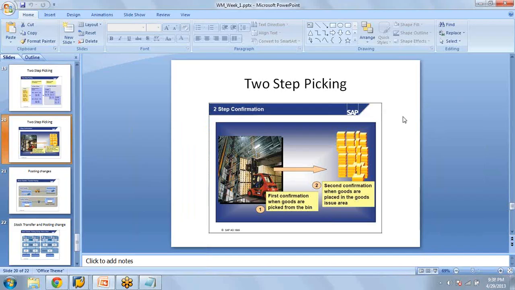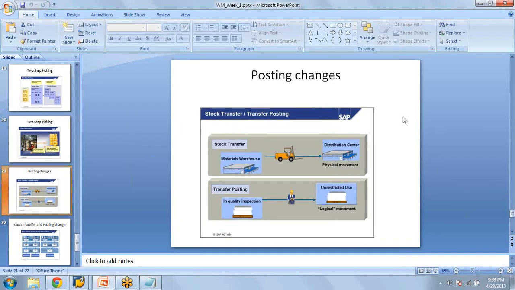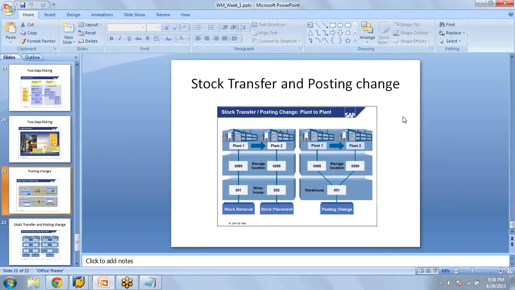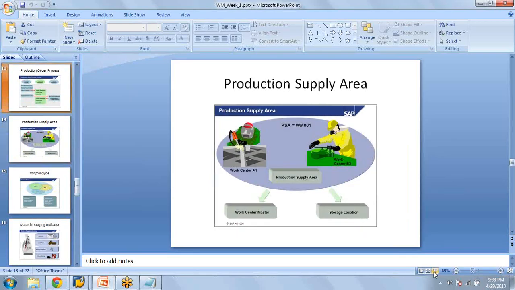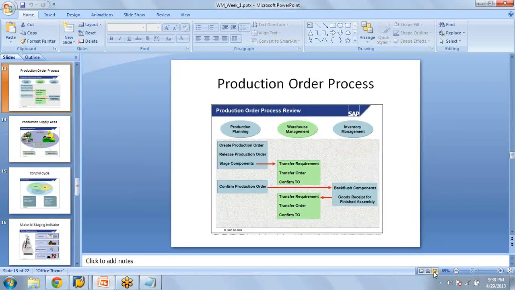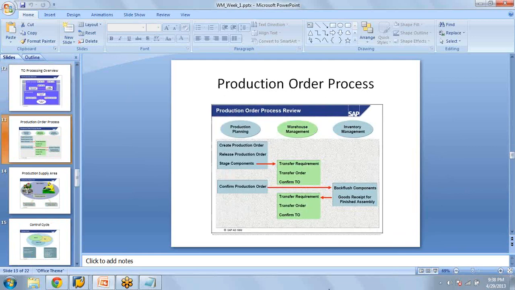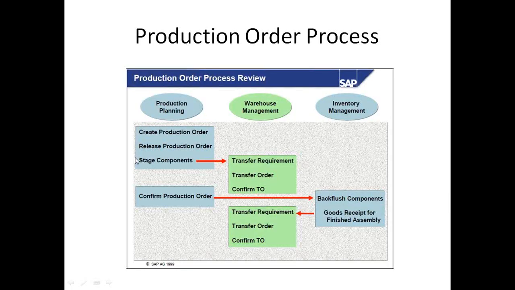So whenever any production order is created, like if you see the process here, the production planning is done, and the production order is created and released.